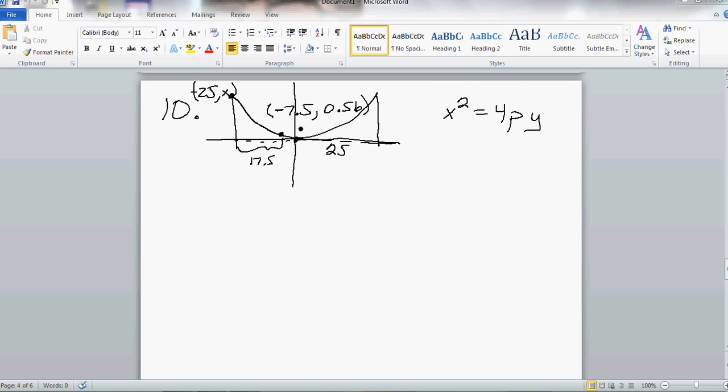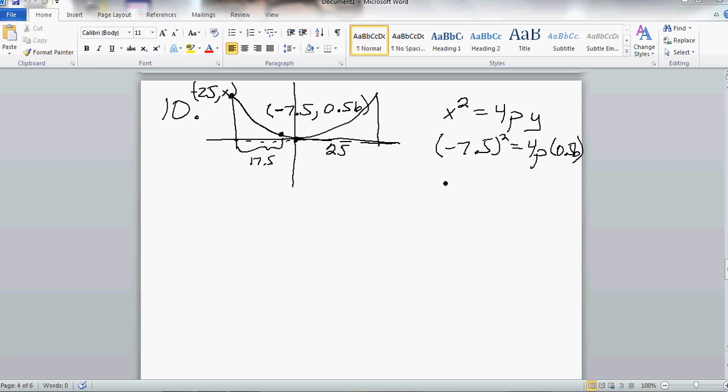At negative 7.5, or 7.5, it doesn't really matter, negative 7.5 quantity squared equals 4p times 0.56, because that's the y value. Then we need to solve for p. That's the first thing we need to do, figure out what p equals.